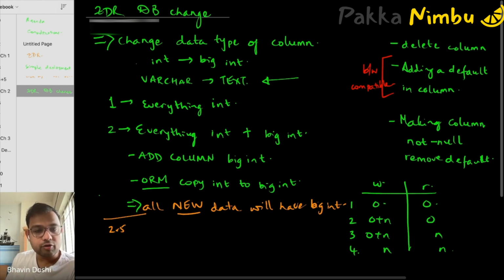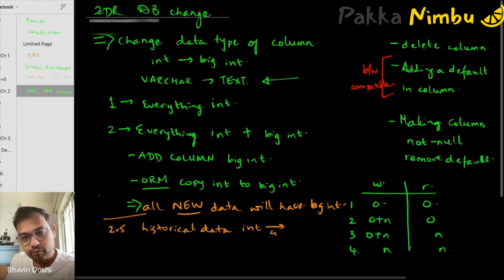You copy over the data from int to bigint, so you can run some job. तो historical existing data का int को bigint में copy करेंगे. And now all the past data is also handled. If you care, you don't need to run a DB query because that's very dirty.